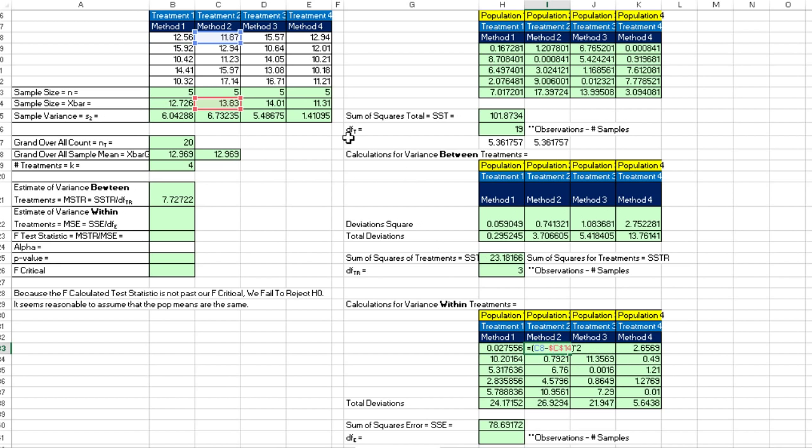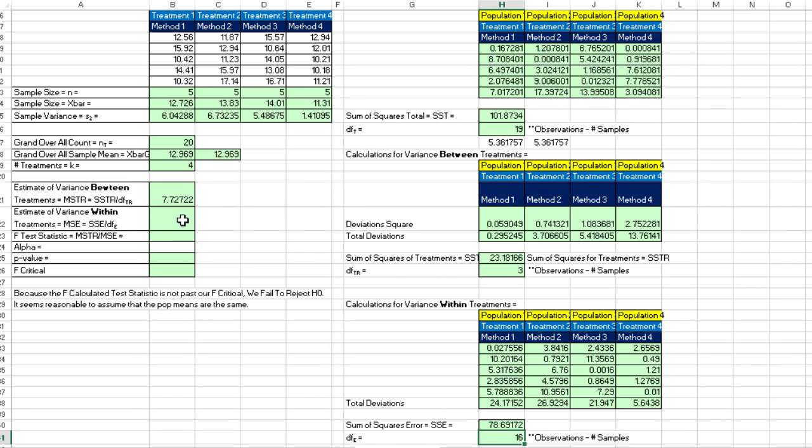And look right here, 2. Look right here. So each one of these means constitutes a sample. So our degrees of freedom, if it is observations minus samples, 20 total observations, and we subtract our 4 samples. So the degrees of freedom equals 16.